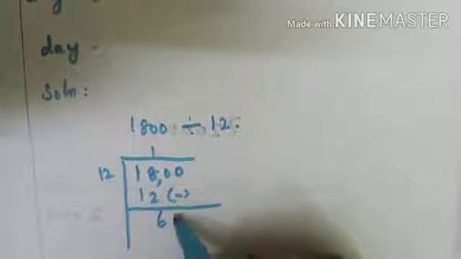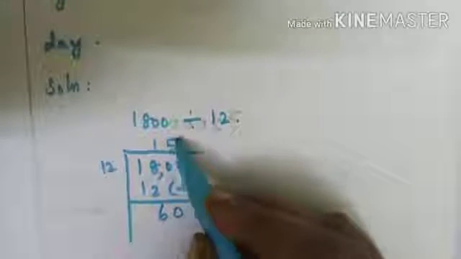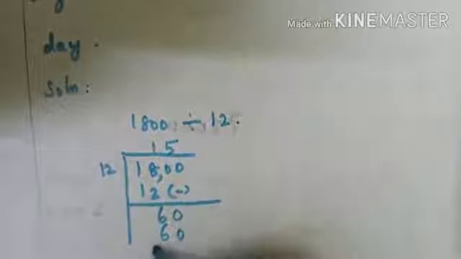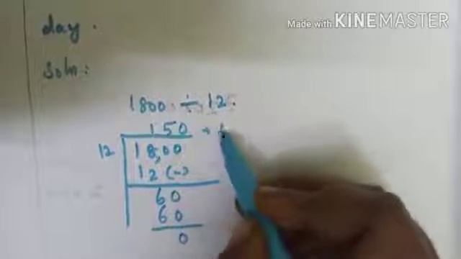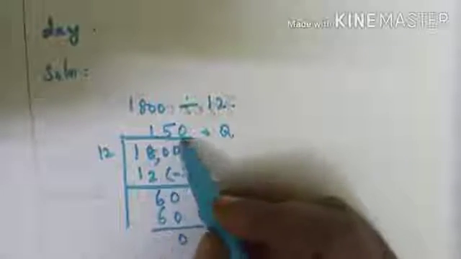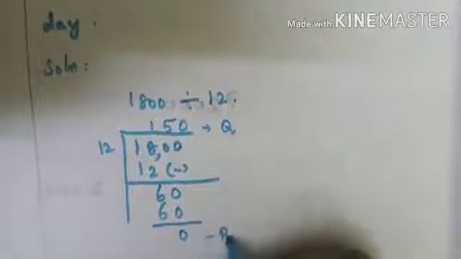Now we are dropping the 0 here. Now you see 5 12s are what? 60. And here 1 zero is there. We can take the 0 to the quotient. Therefore, the quotient is what? 150. The remainder is 0.